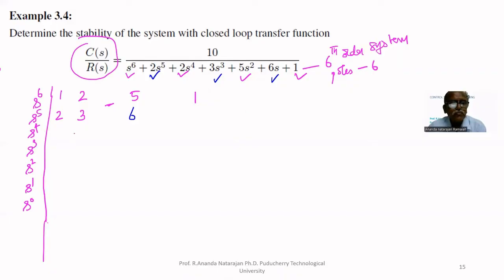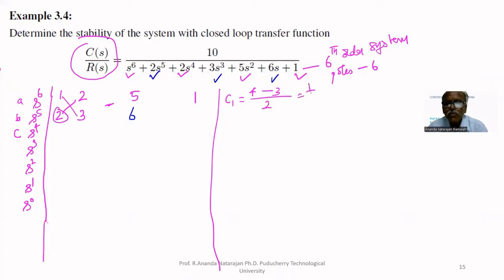Third row, let it be A, B, C. First element of C equals (2 by 2 times 4 minus 1 times 3) divided by 2.